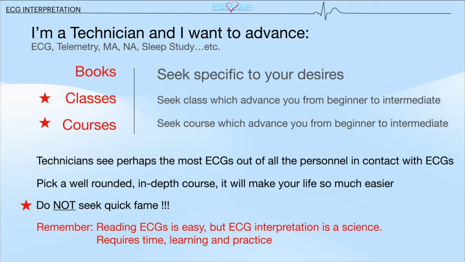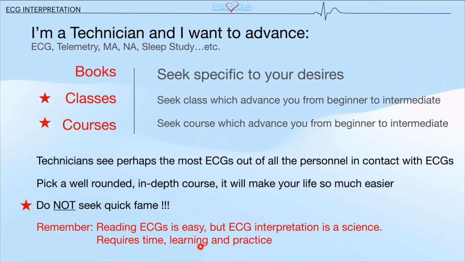Now, one thing to avoid, okay? This is very, very important. Do not seek quick fame. So if you're out there and you're looking at a course or a weekend course or something that says master ECGs, become an ECG expert in these 5 steps in 5 days, in 3 days, good luck. I can tell you right now, you're probably going to be wasting your money. Remember, reading ECGs is easy, but ECG interpretation is a science.